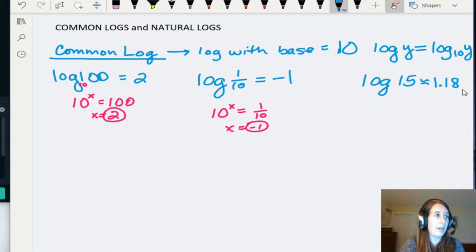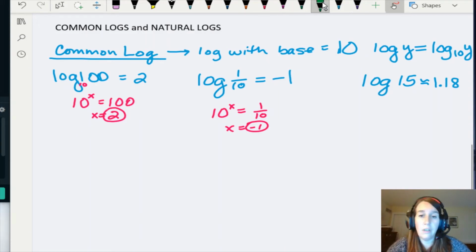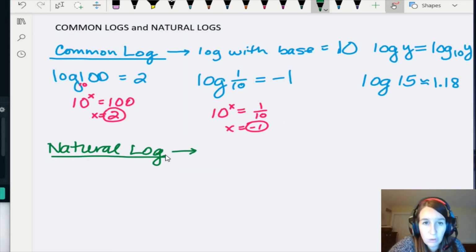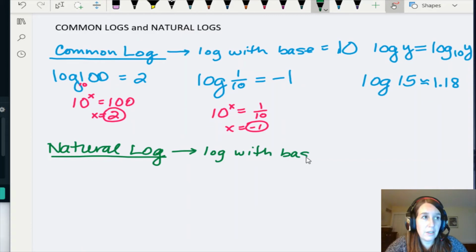Make sure that you can get that value using wherever your log button on your calculator is. Okay, the second type of log that does not have a base listed is called a natural log. I don't know if you remember, but we already talked about the natural base and the natural exponential form, and that was e. And so that is a log with base equal to e.